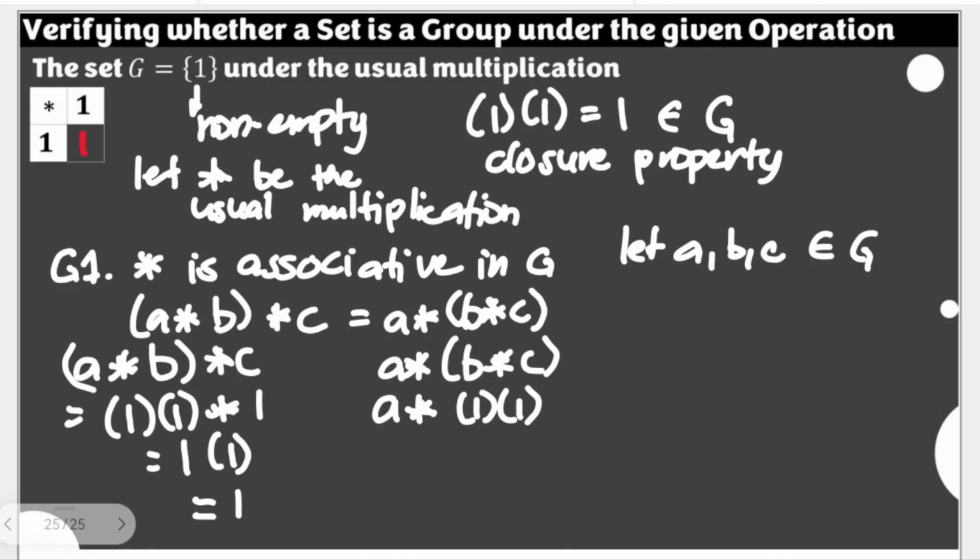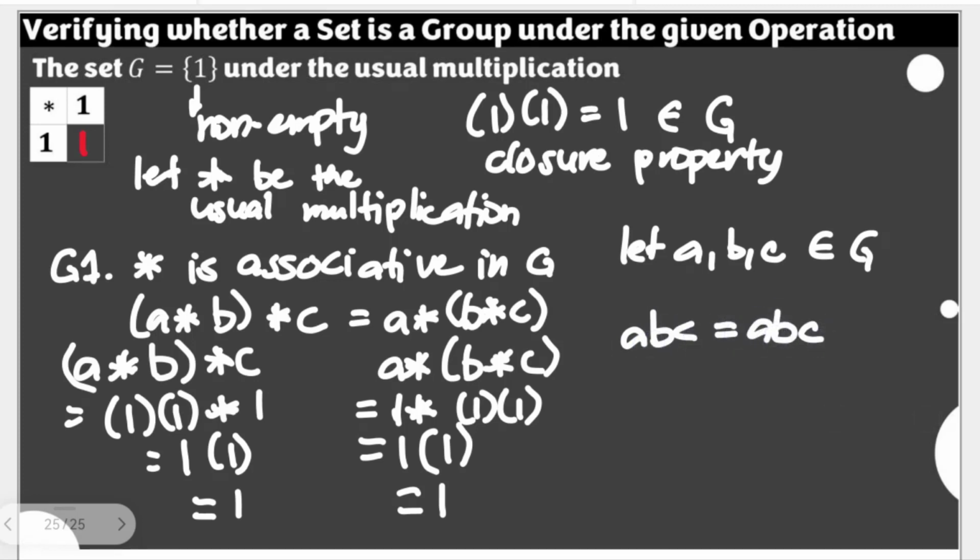But of course, A can be equal to 1 itself, so we have 1 times the result of that, which is 1. So 1 here. Of course, in symbolic form, the left-hand side is just ABC, and the right-hand side is also ABC under usual multiplication. This means that star is associative in G. So G1 is now satisfied.